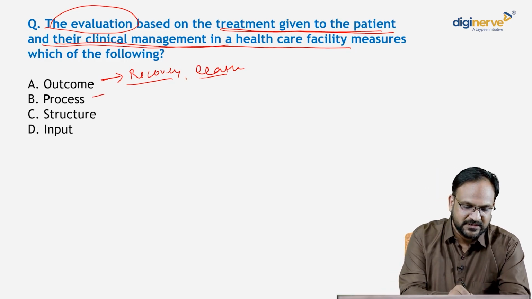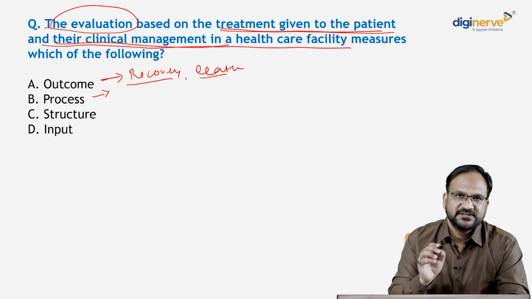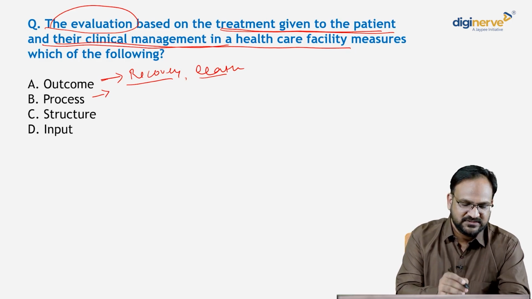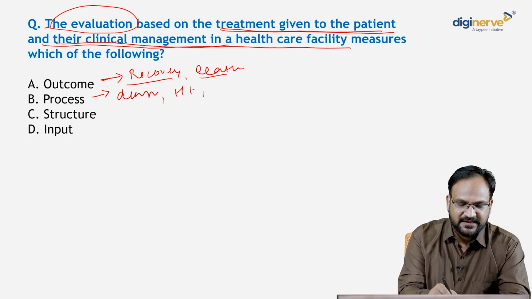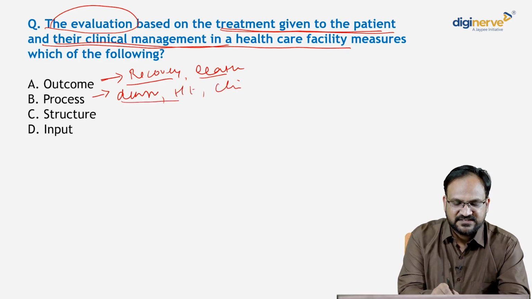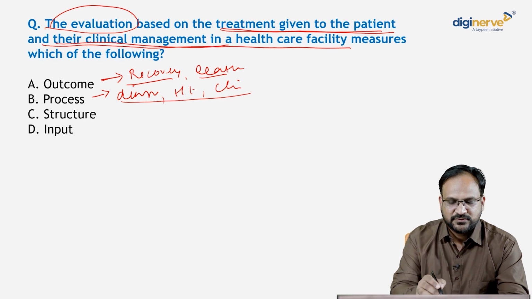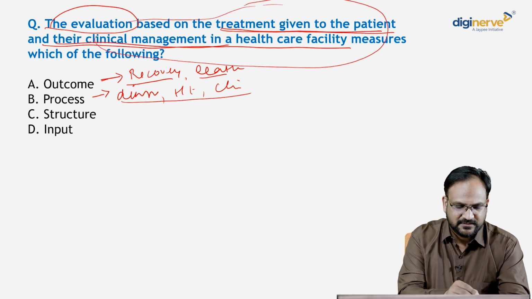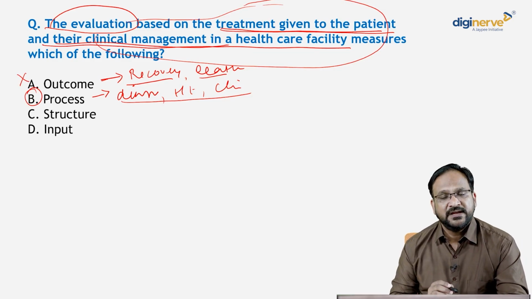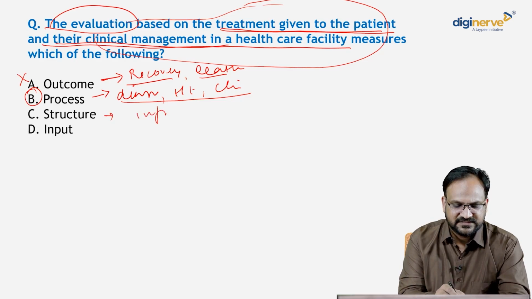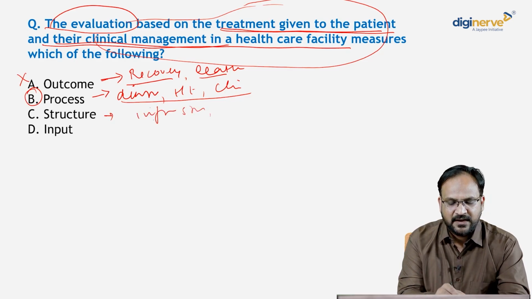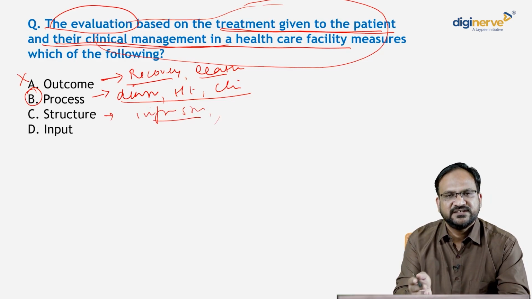Next is the process. What is the process of a healthcare facility? When a patient comes to us, we are diagnosing the patient, we are giving treatment, we are clinically managing the patient. This is part of the process. So here our question coincides with the option process. Outcome is totally wrong. Then third is the structure of the healthcare facility, like infrastructure, buildings and instruments.